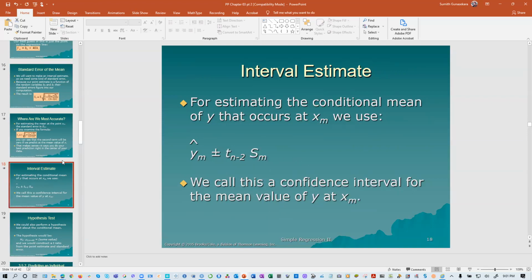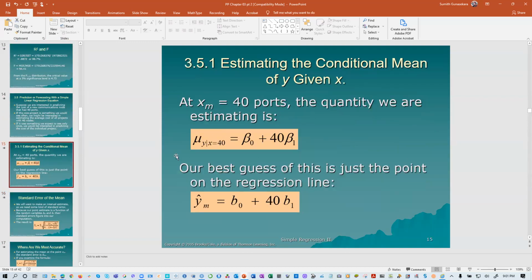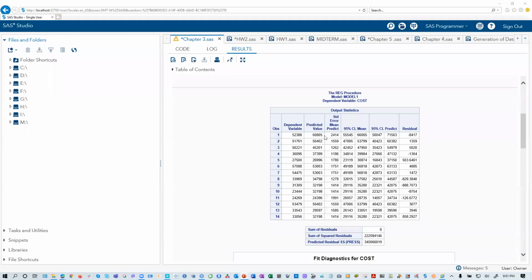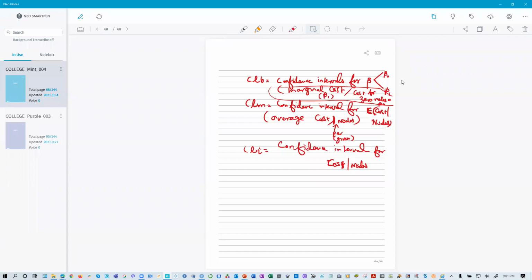This is for the average, and this one is for the individual. You can get the estimate for this guy, and for just that guy. For both cases, you use the B naught. That's what I'm trying to say. The same guy is utilized to talk about two things. The only thing that changes is the standard error. We don't go into detail on that. Interesting thing: the point estimate.